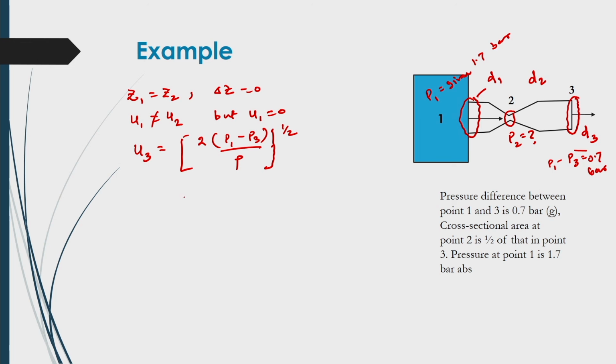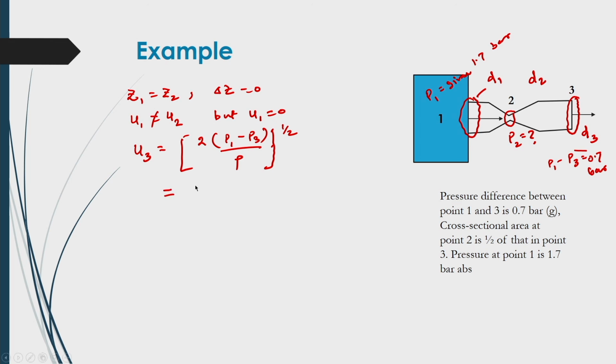Even if the cross sectional area is the same, if the velocity at this point is 0, then you have to calculate the velocity at point 3 because of the pipe cross sectional area.